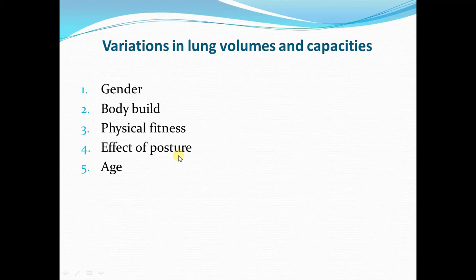So we can say this is a physiological change occurring with age, that in old age the residual volume and functional residual capacity may be increased. So these are physiological variations in lung volumes and capacities.